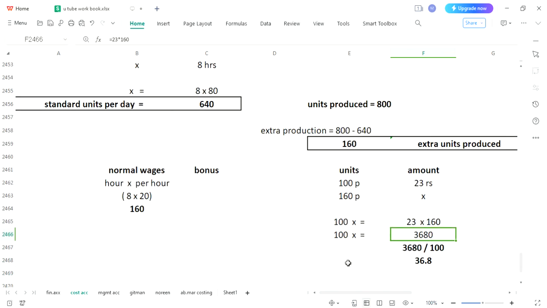Let me see it. 160 pieces. 160 multiplied by 23, okay. How do we have 160 multiplied by 23?